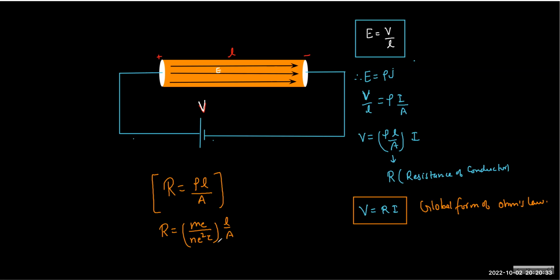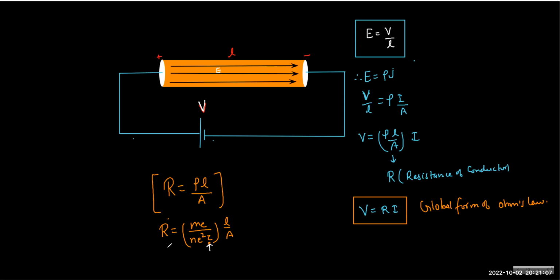If you want to see the dependency, R depends on tau, which is a very important thing to discuss here. As temperature increases, tau will decrease, because with the increase of temperature the electrons will move faster. If you have more thermal velocity, your mean time of relaxation will decrease, and therefore R will increase. So resistance will grow in value.